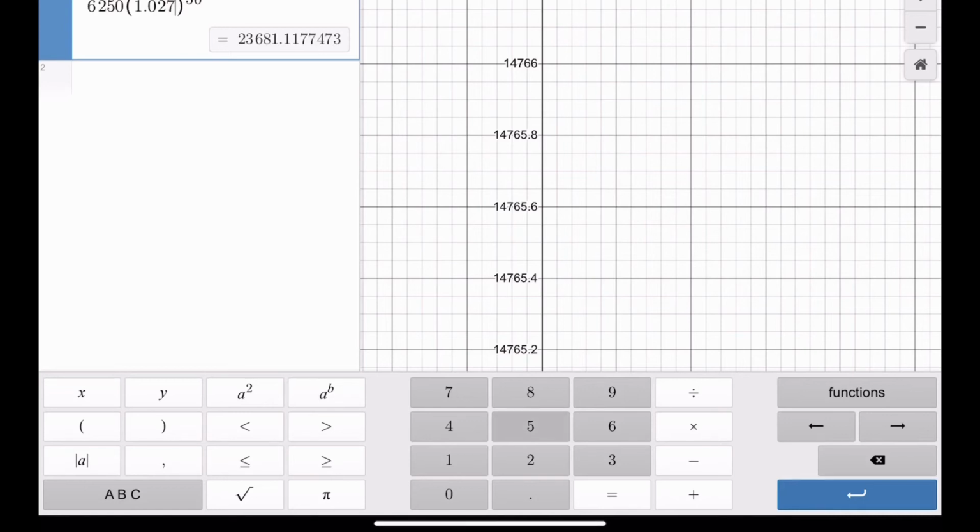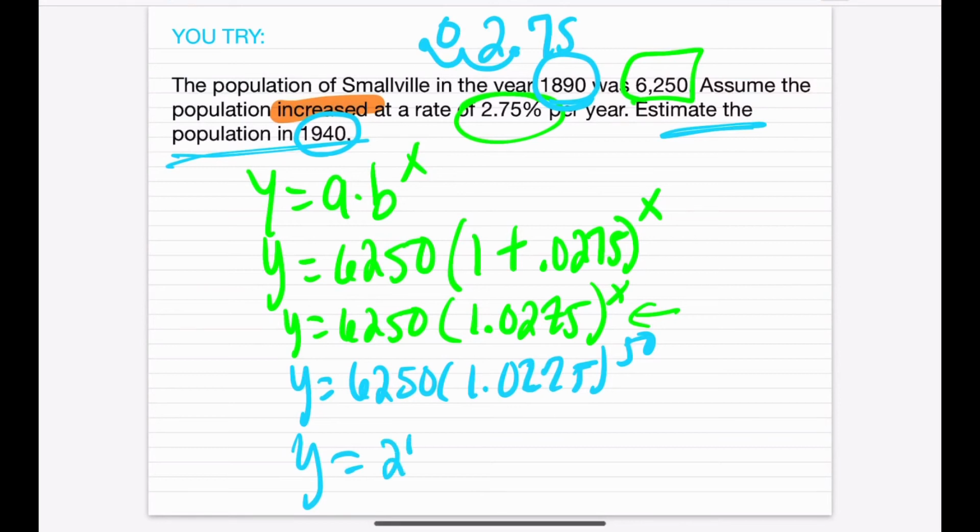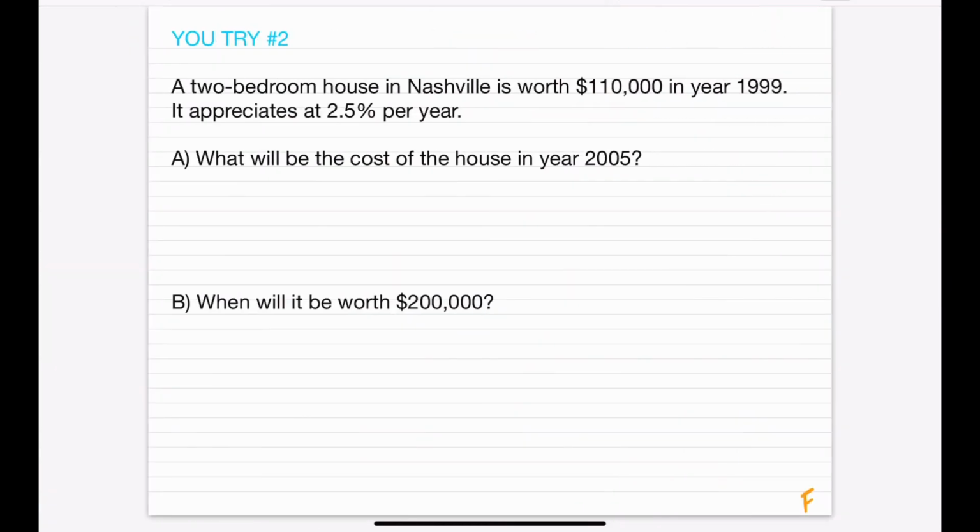Won't make that much of a difference. Yes, it will, but here it is. So the population, if we round to the nearest whole number, it'll be 24,265. So the population of Smallville 50 years later will be 24,265 people. Go ahead and try the following. Pause the video and then come back.